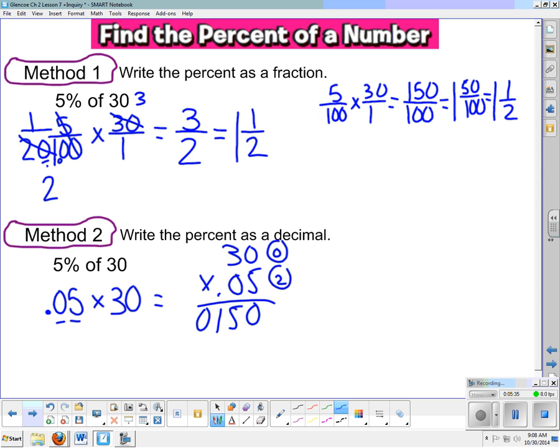If you do all the computation, we need 2 decimal places, and we have 1.50, which is also 1.5.